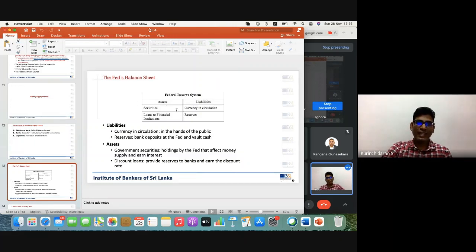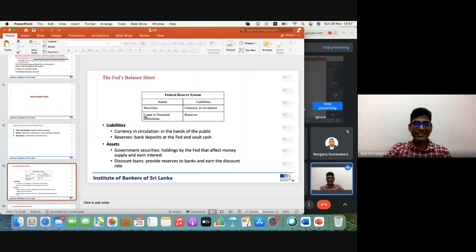On the asset side, one is securities. Let's assume the Central Bank of Sri Lanka invests in government securities, so those securities come here, and the central bank can earn interest as well. In addition, the central bank can give loans, which we discussed earlier: loans to financial institutions.